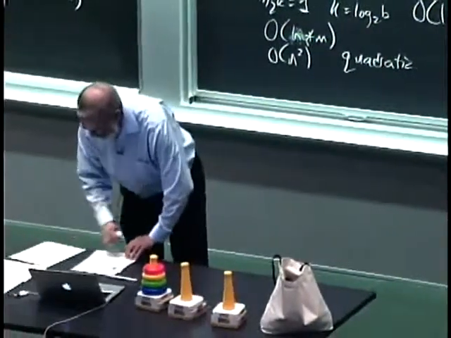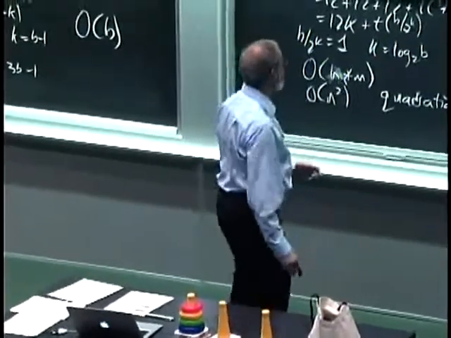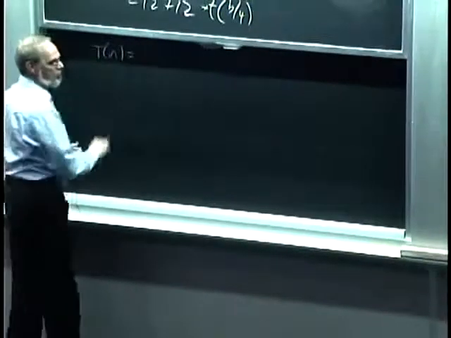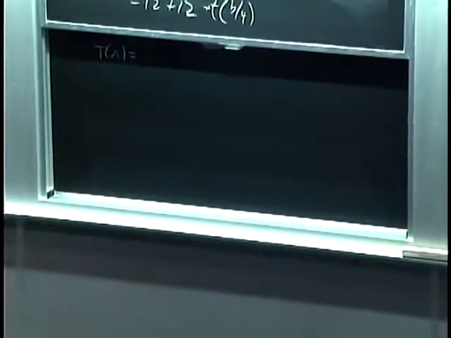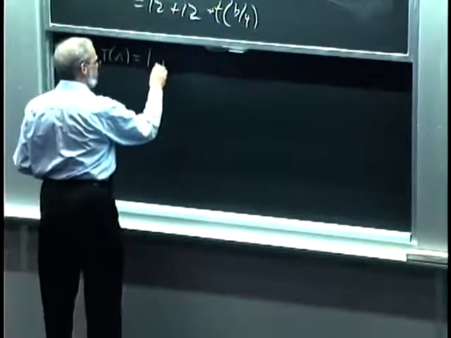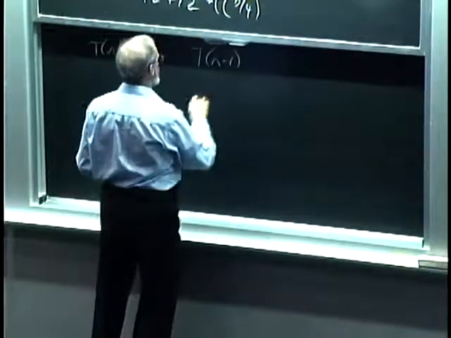And again, I'm going to do it with a little bit of abusive notation, and it's a little more complicated, but we can kind of look at it. All right? Given the code up there, if I want to move a tower of size n, what do I have to do? I got to test to see if I'm in the base case. And if I'm not, then I need to move a tower of size n minus 1.